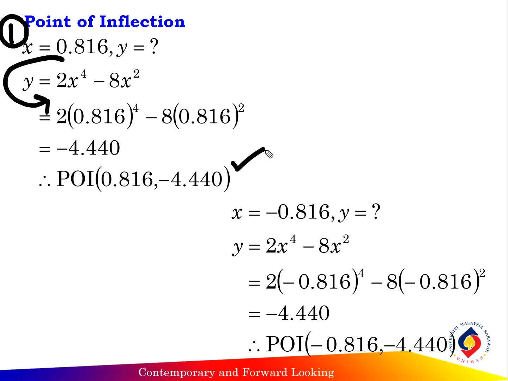So the first point here is (0.816, negative 4.440). And the second point, when x here equals negative 0.816, you substitute, and the answer here equals negative 4.440. So on the quartic function, the first inflection point here, and here the second inflection point.